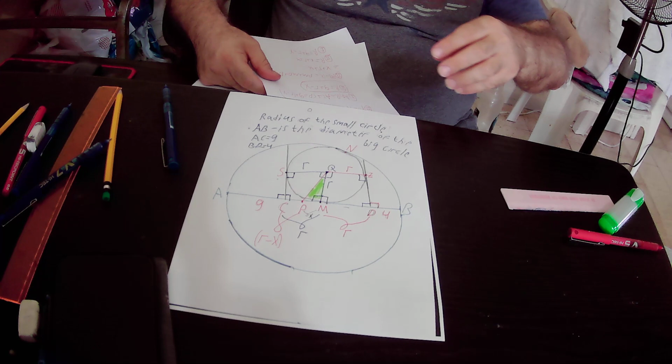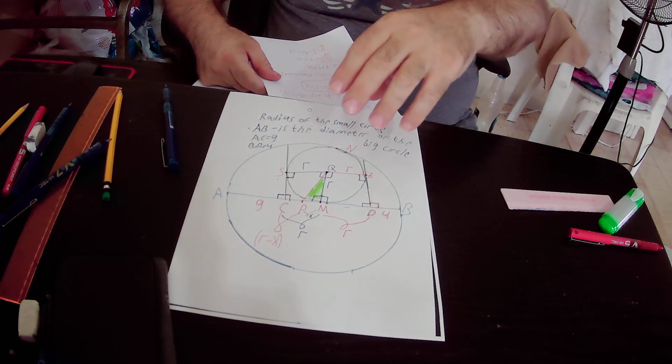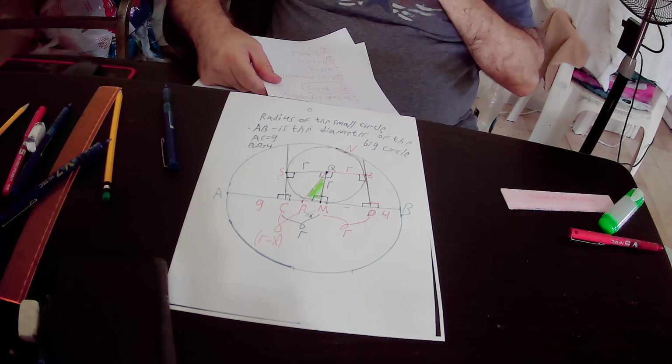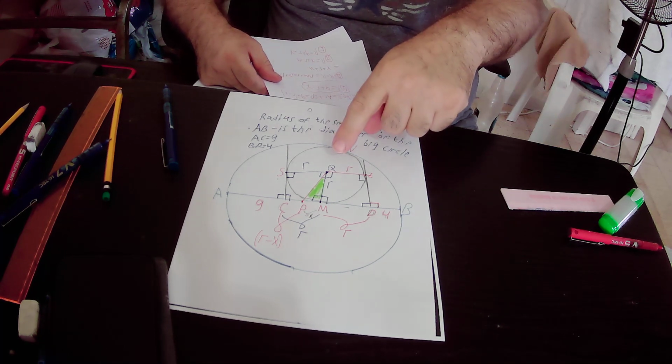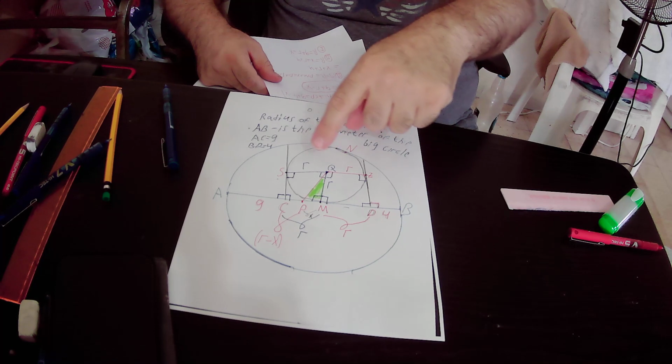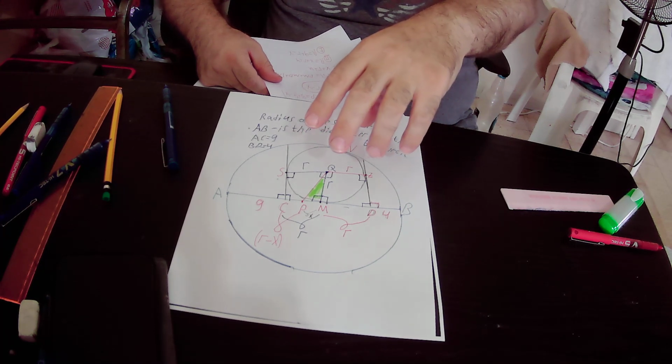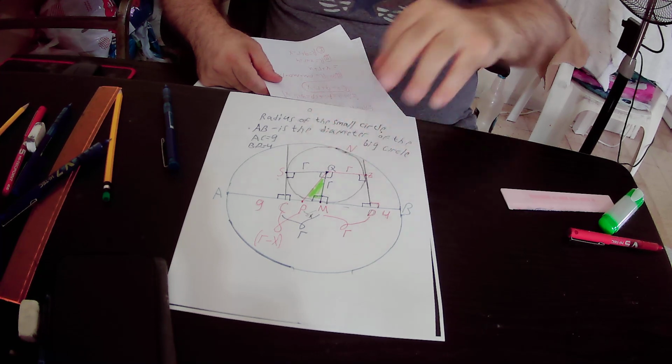And we actually drew three radiuses that start from the center of the circle and touch the tangent points in this circle.